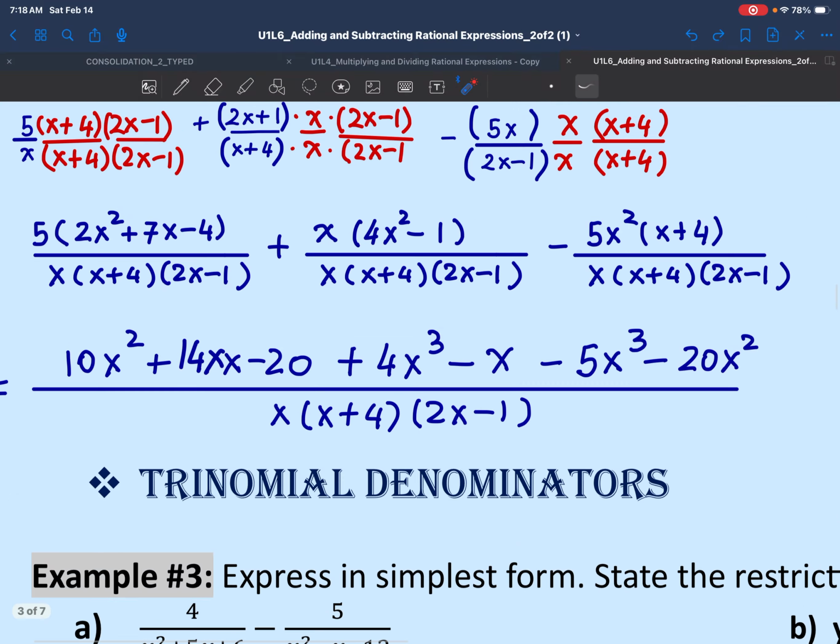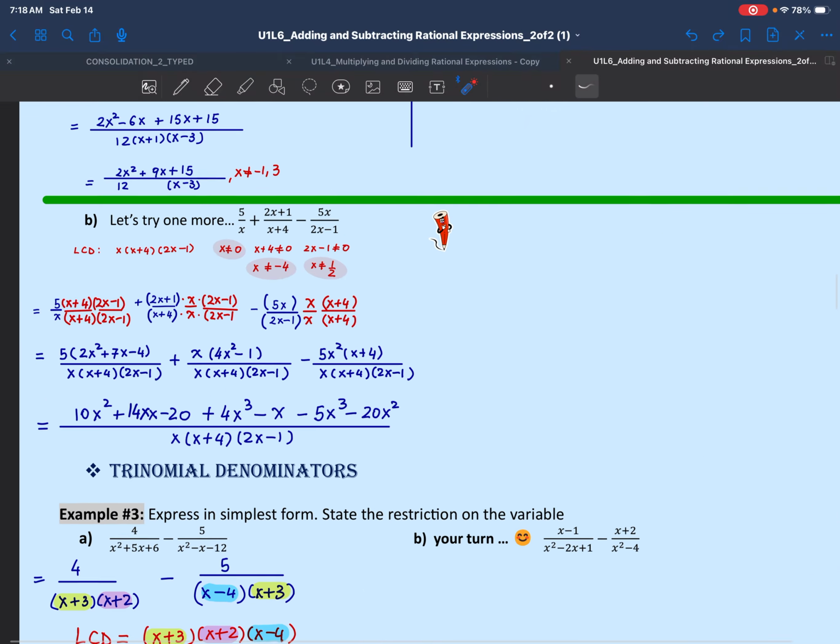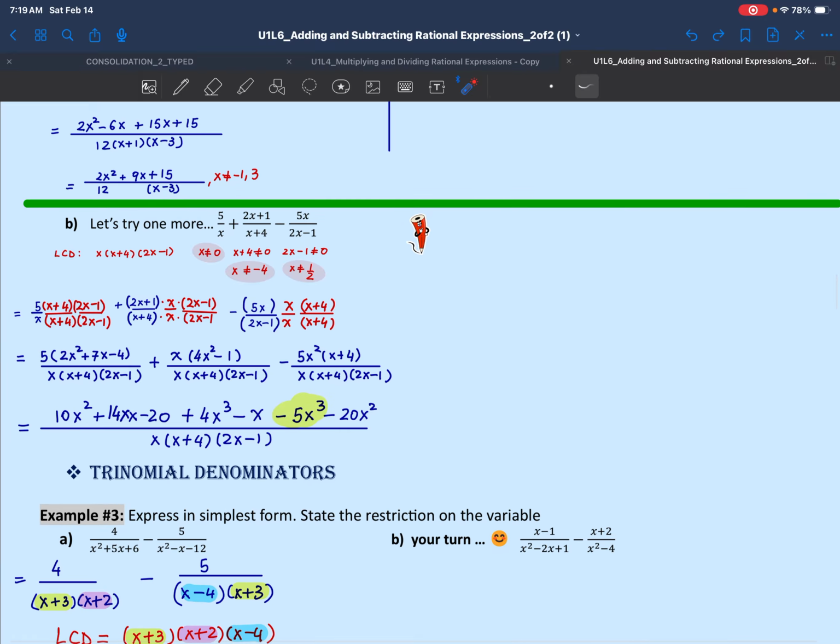Now next we are going to simplify the numerator. So let's collect like terms first, and here we see that we have like terms 4x cubed, negative 5x cubed, that will give us negative x cubed. Now the x squared terms are negative 20 and positive 10.